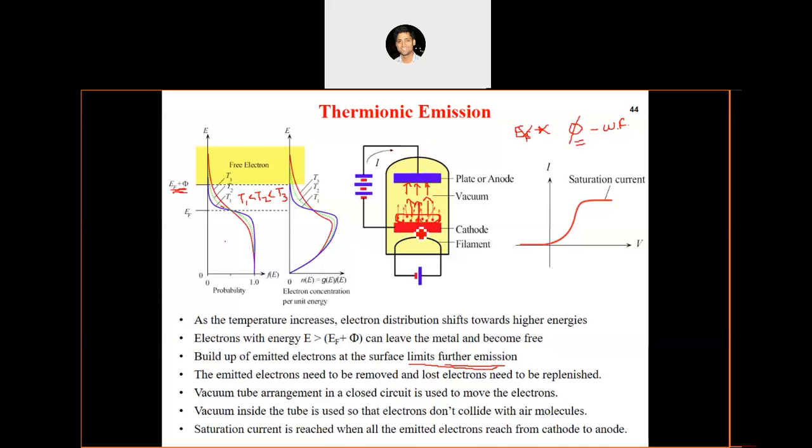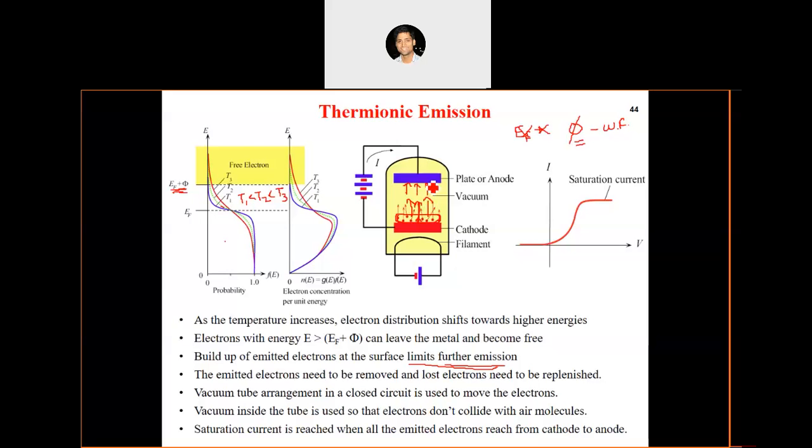And this whole setup which you are seeing here is kept in a vacuum. If you don't have vacuum and you have gas molecules, then these electrons can get scattered by these gas molecules, so they will not reach the anode.